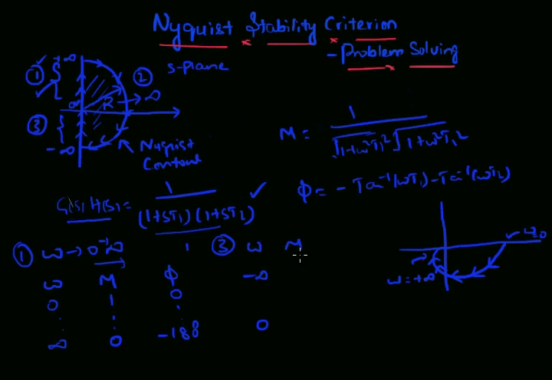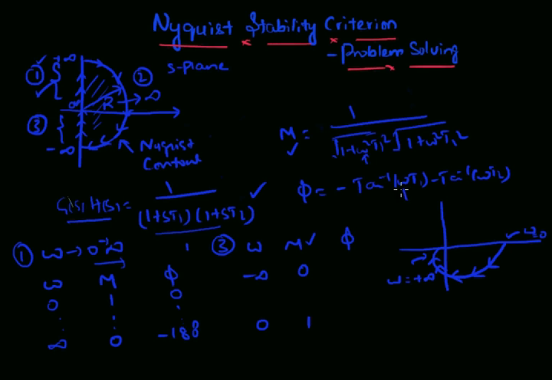Now if you take the magnitude value and substitute negative omega values, anyway you have omega squared here, so the negative sign is not going to impact the magnitude. The magnitude is going to be exactly the same as it was for section 1. The only thing is phi. What will happen to phi?